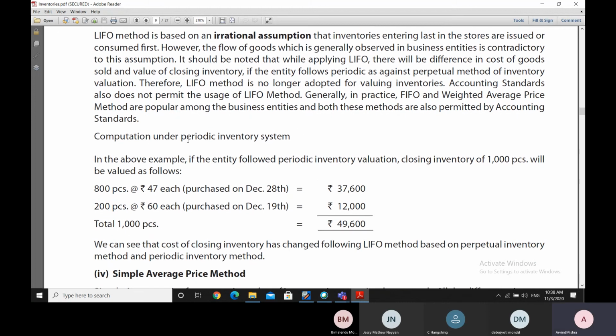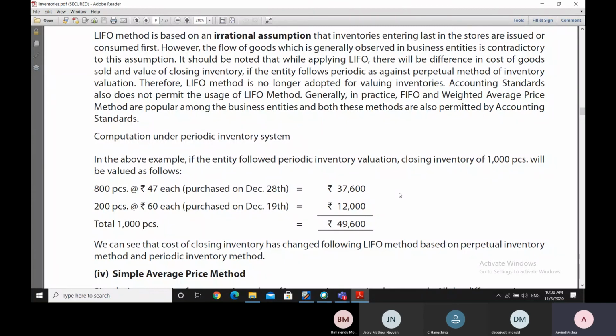Now let us see the computation under the periodic inventory system. In the above example, if the entity followed the periodic inventory valuation, the closing inventory of 1000 pieces will be valued like this: 800 pieces for 47 gives us this much and 200 pieces for 60 will give us this much, and total 1000 pieces will be 49,600.